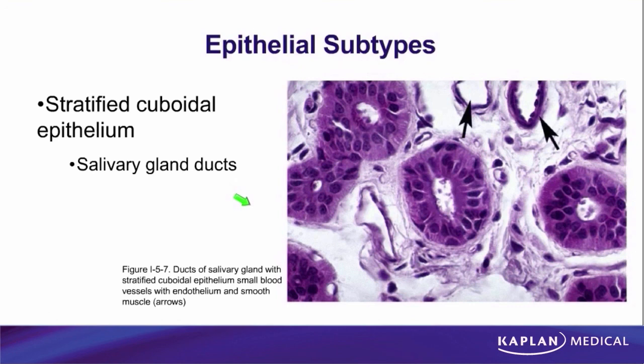Because if you correlate function with structure, if you say, well, here's a particular function I want to serve, like absorption, or resistance to abrasion, and then ask what kind of epithelium would be best suited for that, that'll pretty well tell you the answer of what kind of epithelium you will find in that organ. So you really want to associate function with the structural histology that you're going to be looking at.